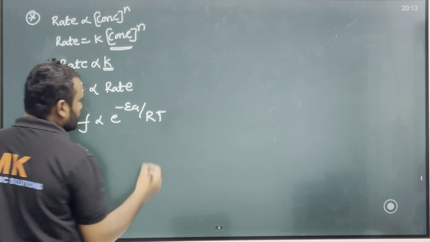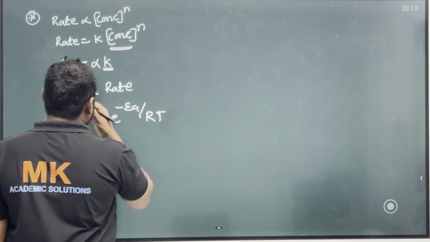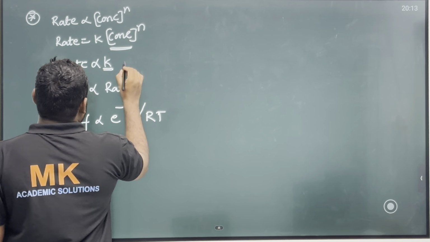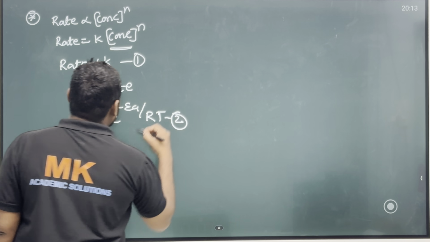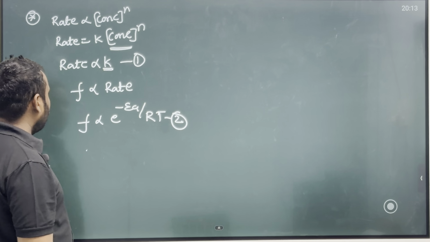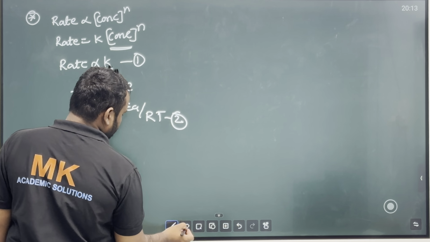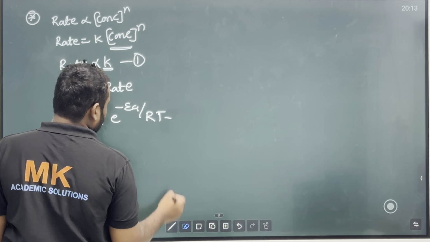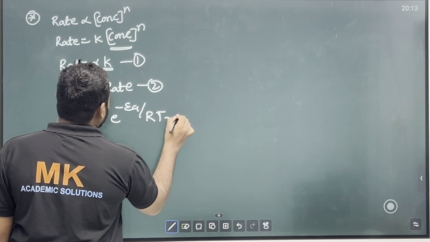This is known as the Boltzmann relation. Now you consider this as 1 and this as 2. Now compare 1 and 2, or else just make it 2 and make this 3.